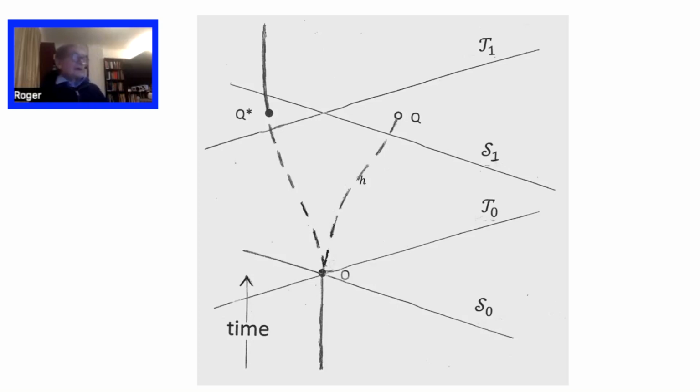And here I have the picture where, according to the observer T, the disappearance of the particle in the right-hand location Q means that the object still hasn't yet become entirely at Q star. So somehow there's still a probability that it might disappear from Q star, which doesn't make any sense. If it's gone from Q, it's got to have gone from Q star. But does that happen instantaneously?